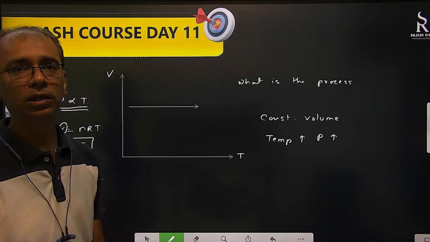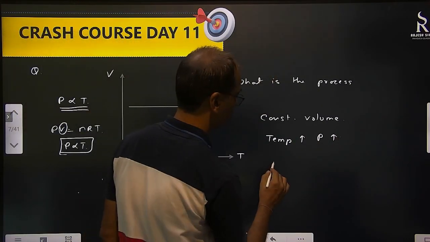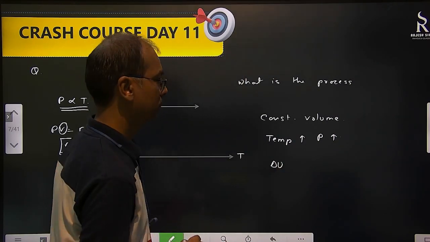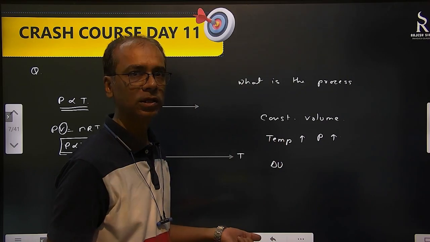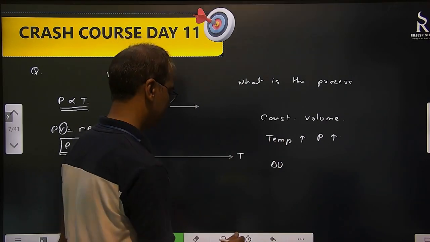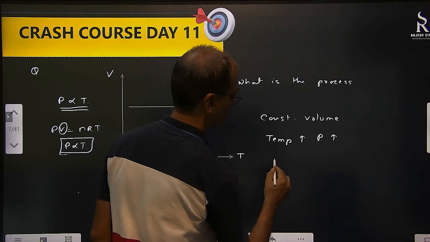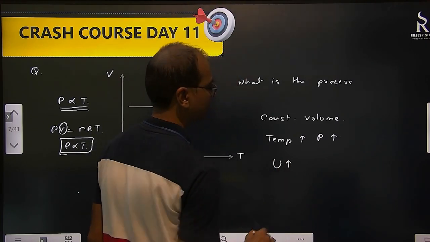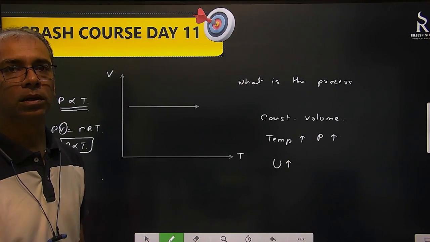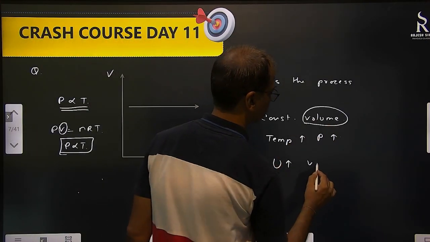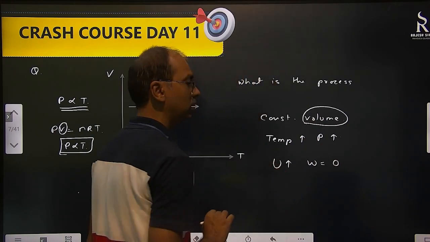And if temperature increases, it means internal energy is going to increase. Or let's write U, don't write delta U. So internal energy is increasing. What about work done? Work done is 0. Why? It's a constant volume. So work done is 0, but internal energy is increasing.